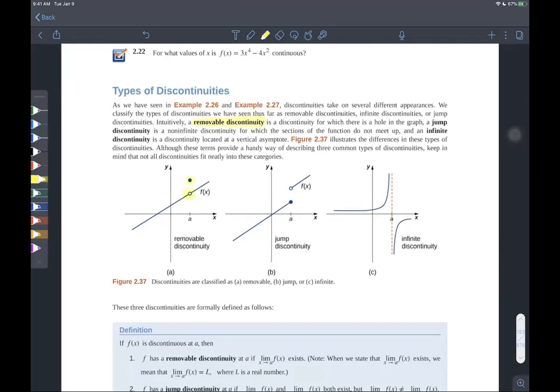Okay, so here is a removable discontinuity. We've seen functions like this before. We saw an example just a moment ago. A jump discontinuity, it's kind of in the name, is a non-infinite discontinuity for which the sections of the function do not meet up. So there is a bit of a jump in between the sections of the function.